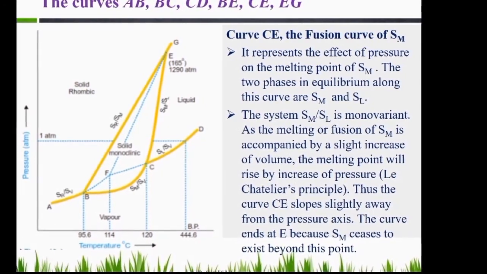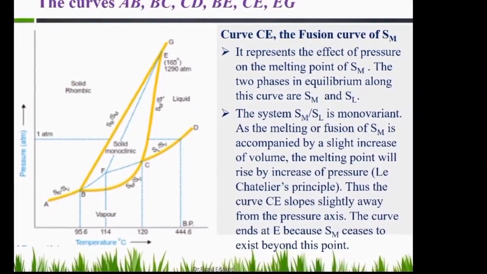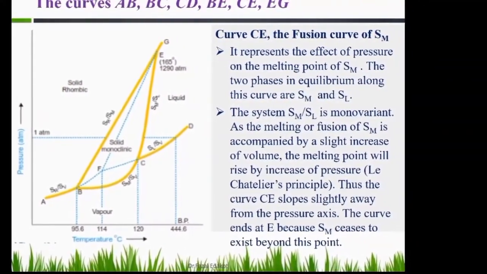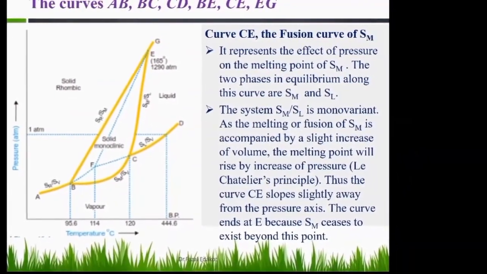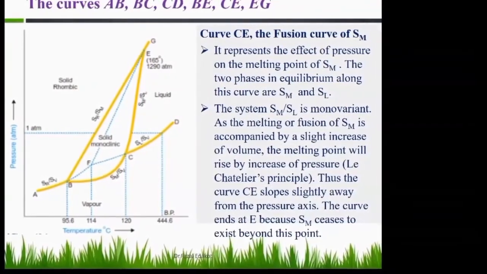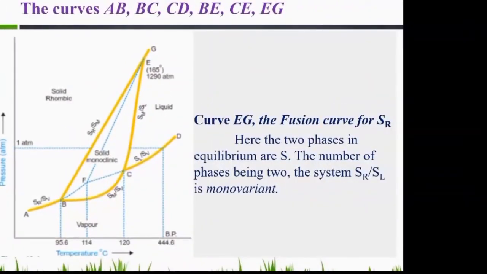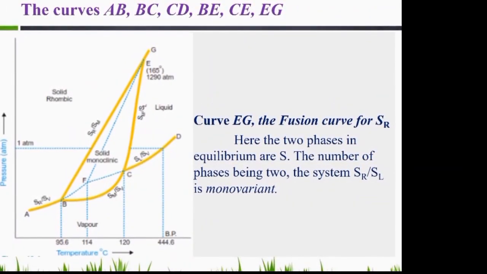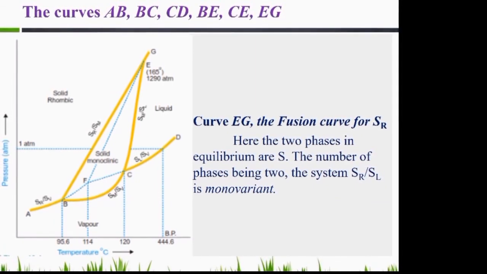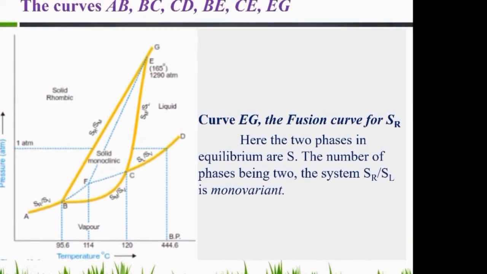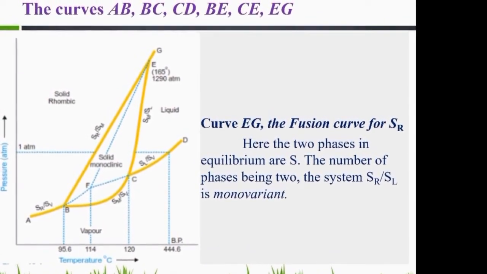Thus the curve CE slopes slightly away from the pressure axis. The curve ends at E because SM ceases to exist beyond this point. Curve EG is called the fusion curve for rhombic sulfur. Here the two phases in equilibrium, the number of phases being 2, are SR and SL.